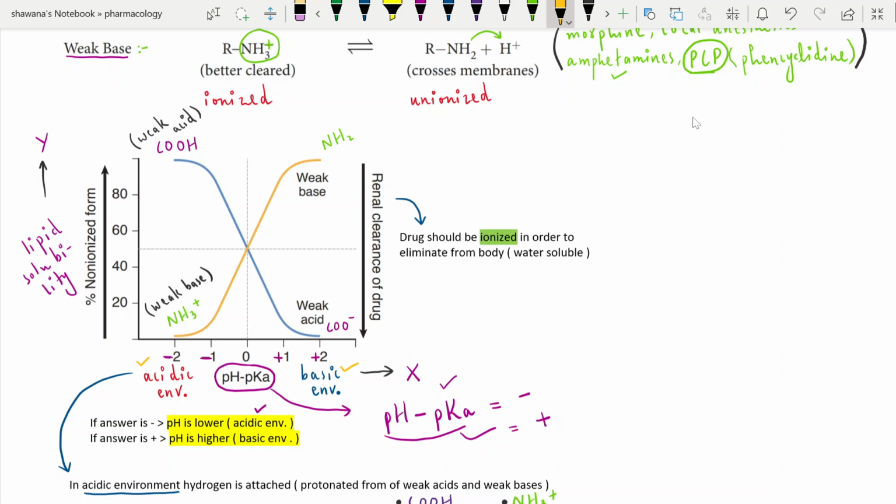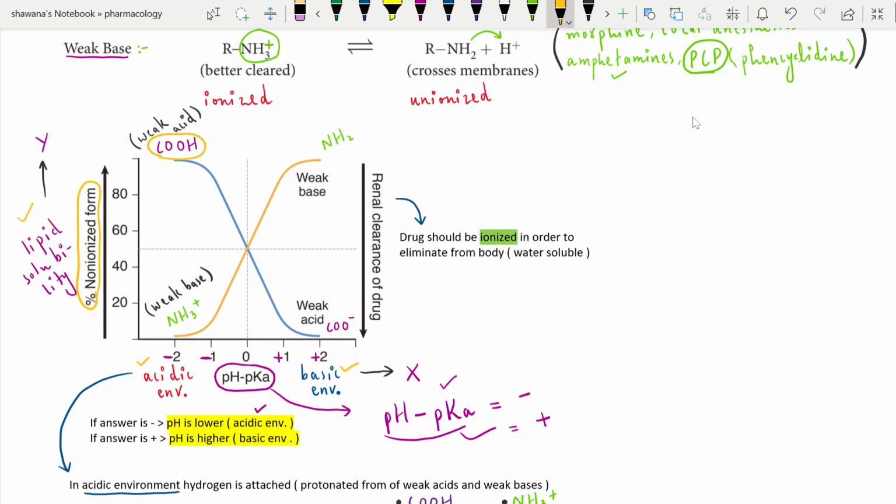In the y-axis, the non-ionized form of the drug is written. Non-ionized form, I cannot stress it more. Non-ionized form means that it is not ionized and it is lipid soluble. Lipid solubility is indicated on the y-axis, and on the x-axis, acidic and basic environments are indicated. Following the lines, this is a weak acid.